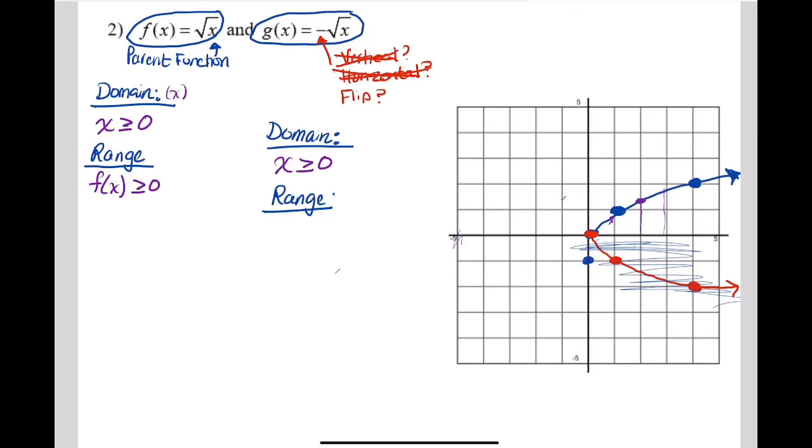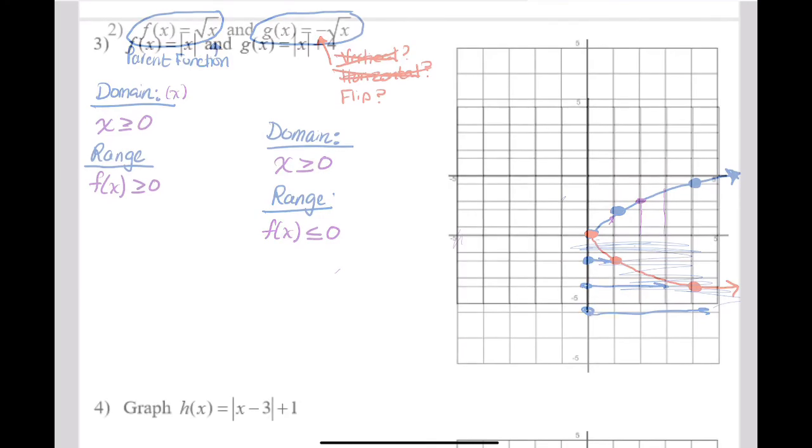Negative 1 is a value on that function. Negative 2 is a value on that function. I know you can't see it, but negative 3, somewhere down the line, is a value on that function. It keeps going. So the range this time around is going to be f of x less than or equal to 0.